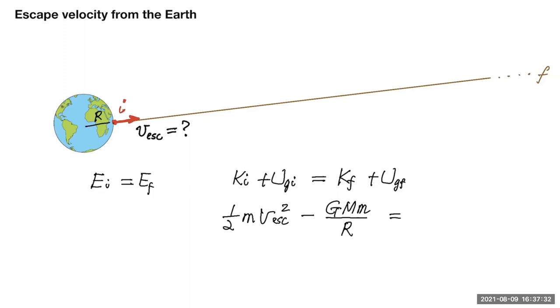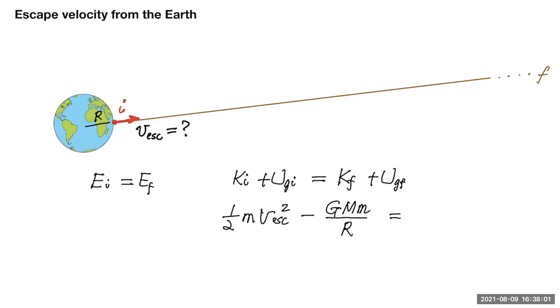K final is whatever kinetic energy it still has as it reaches infinity. The smaller the initial escape speed, the slower it goes, because the less energy it has when it reaches infinity. But we're looking for the smallest possible initial speed so that it can barely escape to infinity, right? So by the time it reaches infinity, it's barely moving. Otherwise, it would take extra initial kinetic energy to make that happen.